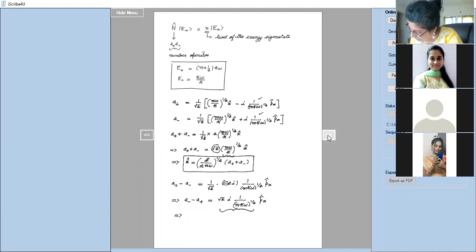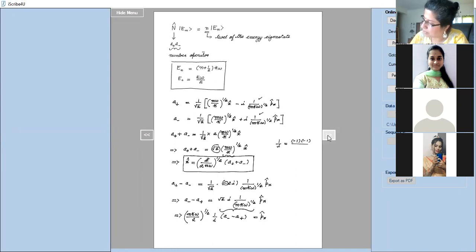So we will have over here (mħω/2)^(1/2) into 1 by i, (a minus minus a plus) is equal to px. 1 by i is nothing but minus i, right? 1 by i is equal to minus 1 into minus 1, plus 1 can be written as minus 1 into minus 1.